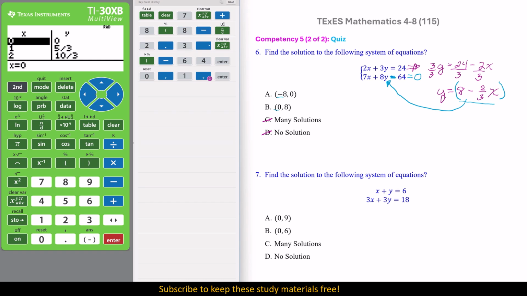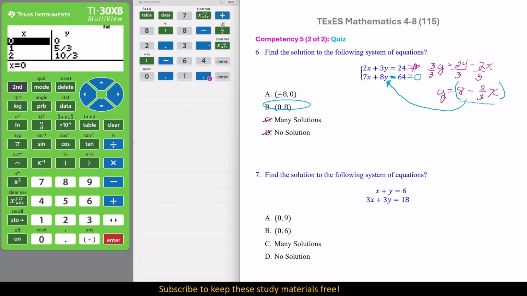Interestingly enough, I think option B is what we want, and I'll tell you why. When we look over here, we want the right side, the y, to equal 0. And that just so happens to be what we have on the first row. And when that y equals 0, it just so happens that our x equals 0. Well, that is option B. Now how could we verify that?